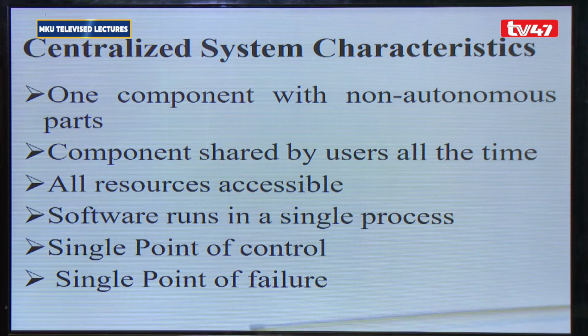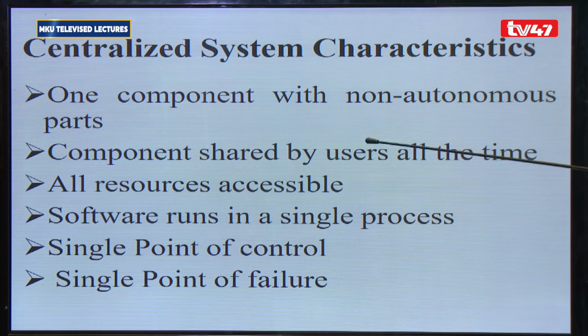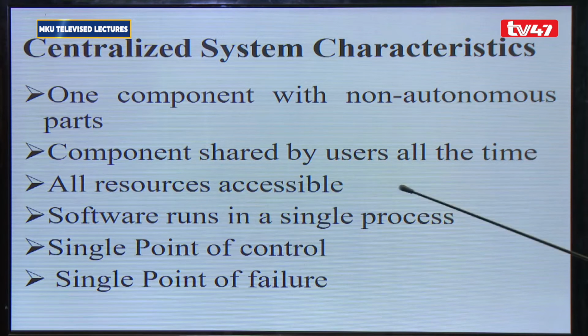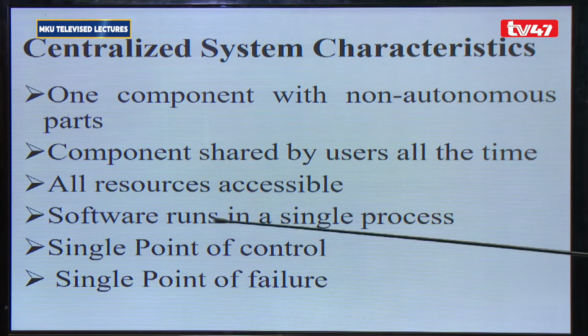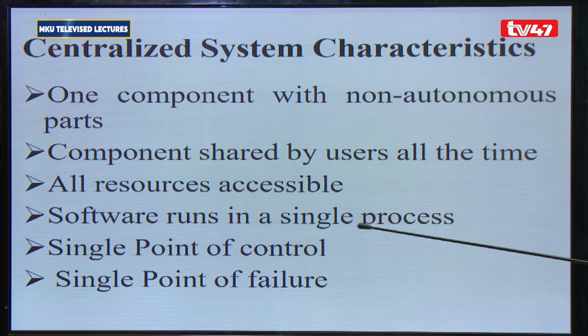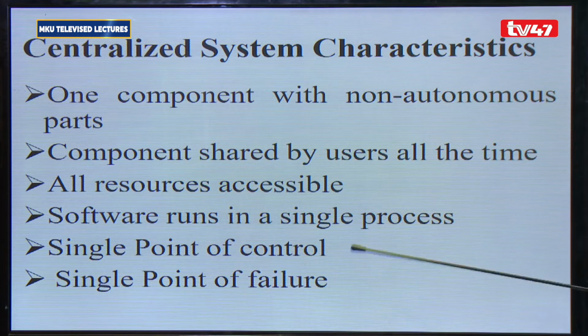The first characteristic of a centralized system is that it is one component with non-autonomous parts. It is not connected to any other. The component is shared by users at all times. The components don't have any differences, they are the same system. So it's central, all resources are accessible, no regulation, all resources are shared. Software runs in a single process, so an instruction is run per single process.